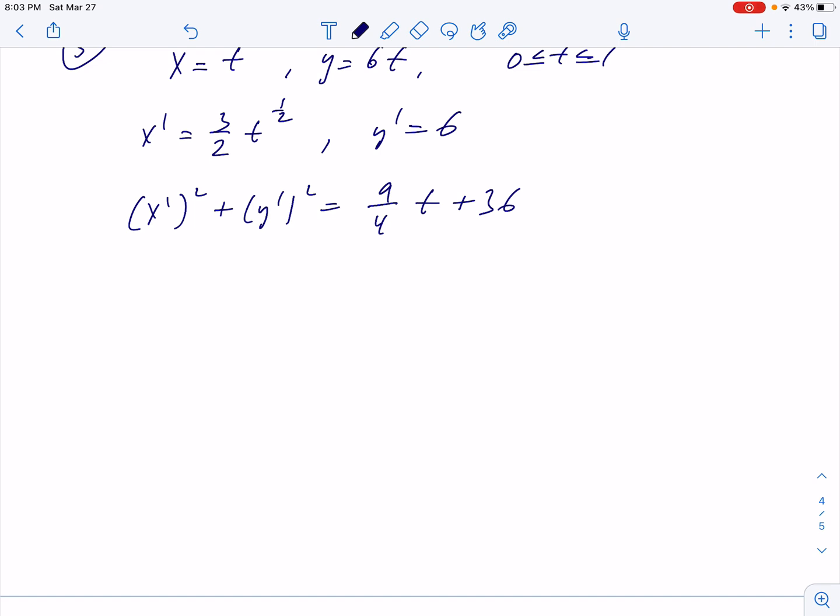And we can even simplify this with a common denominator, because you have to take the square root, this will make things easier. This will be (9t plus 4 times 36) over 4. 4 times 30 is 120, 4 times 6 is 24, so this is 9t plus 144 over 4.